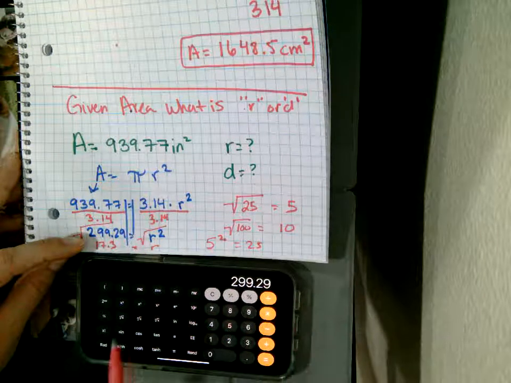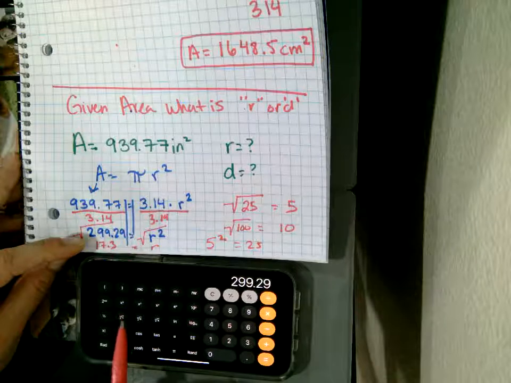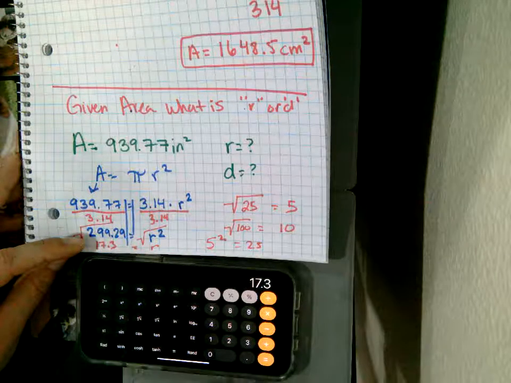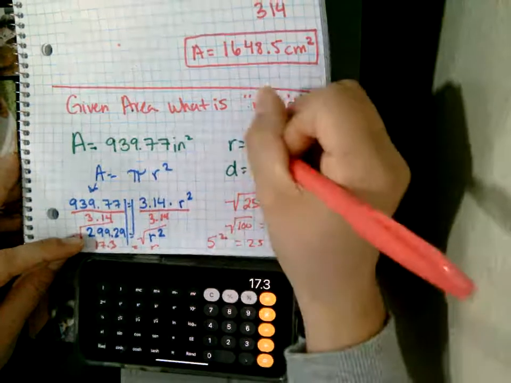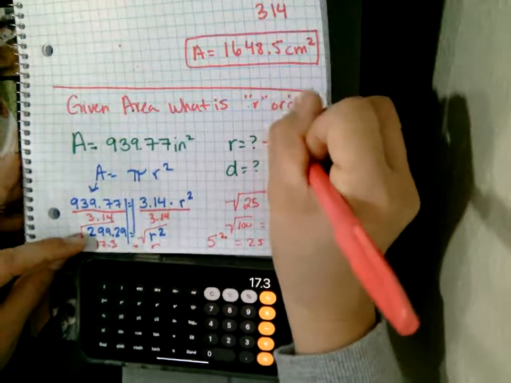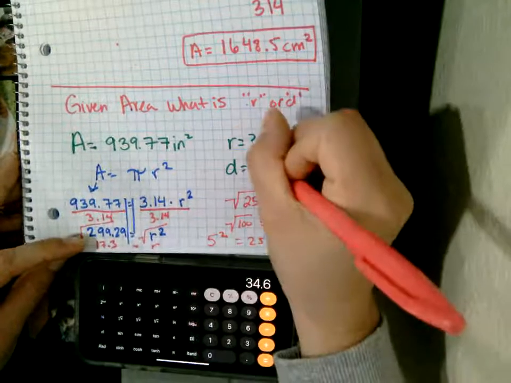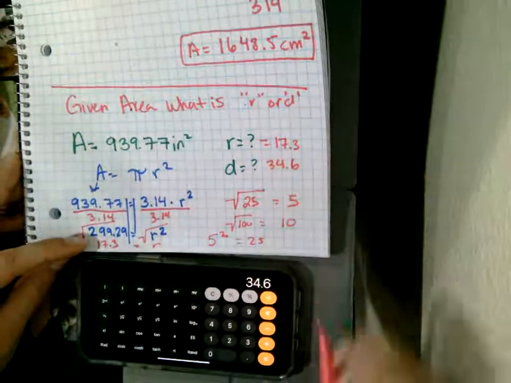On the iPhone, it's on the second column, third row. Take the square root, and I get 17.3. So that means my radius is 17.3, and if I multiply it by 2, that tells me that my diameter is 34.6.